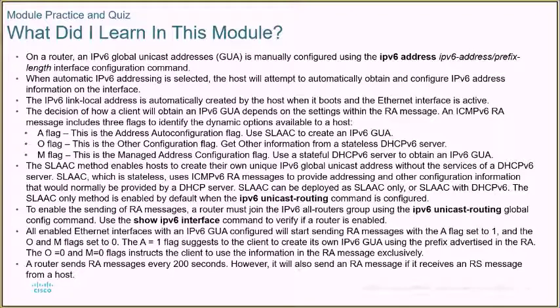All enabled Ethernet interfaces with an IPv6 GUA configured will start sending RA messages with the A flag set to 1 and the O and M flags set to 0 by default. So A, of course, means do the SLAAC method. O, of course, means other information, and M means managed. The router sends RA messages every 200 seconds. However, it will send one when it gets a router solicitation message as well.